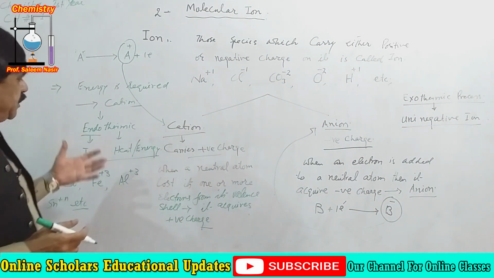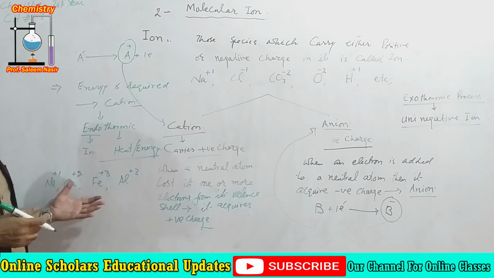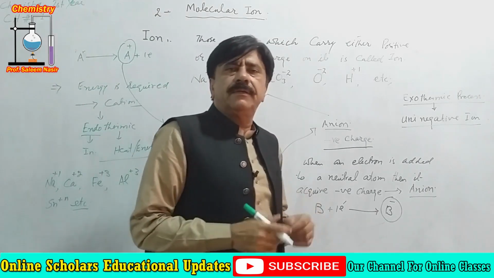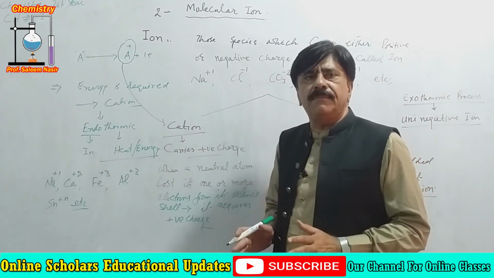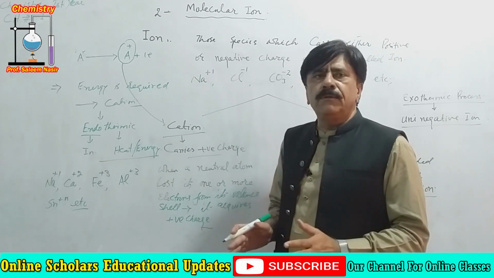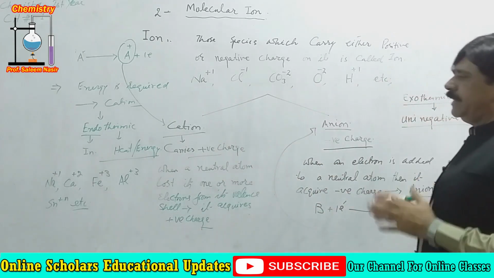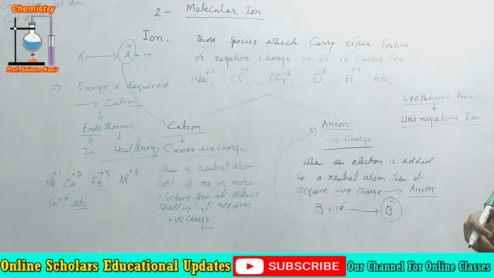Now, as I have mentioned for the cation, there are some cations which consist of a single atom, two atoms, or a group of atoms. Similar is the case in anions.